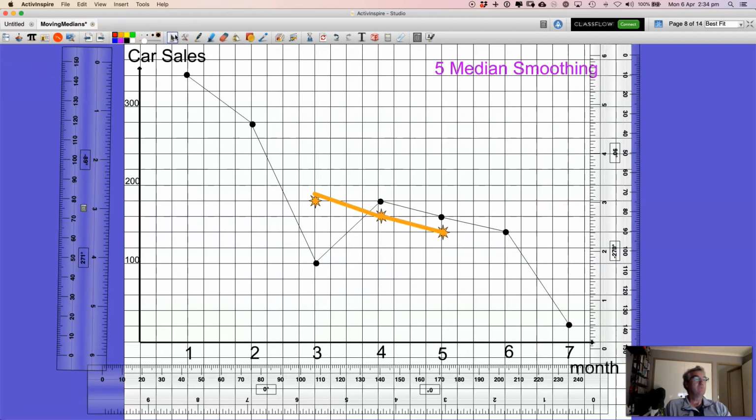Now, what you notice with 5 median smoothing, notice months 1 and 2 are vacant, so the first 2 points, or first 2 months, have no smoothing applied, the last 2 have none. If I go back to the previous one, which is the 3 median smoothing, you'll notice here the first data value, or the first month, has no smoothing applied, and the last month has no smoothing applied.